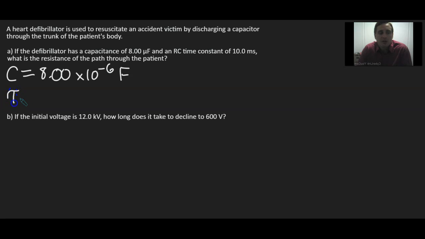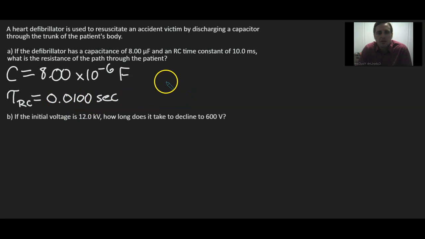Tau RC, that is the E-folding time, or the characteristic time, or the time constant, is 10 milliseconds. So milli is times 10 to the minus 3. So if we wanted to get this in seconds, I think this would be 0.0100 seconds. Because again, we would move the decimal point 1, 2, 3 places.